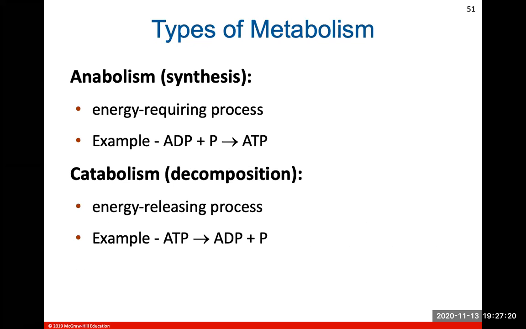So there's different types of metabolism. Anabolism is synthesis. It's an energy requiring process. So an example of this is creating ATP from ADP and P, a phosphate group. And catabolism is a decomposition reaction which releases energy. And an example of this is taking adenosine triphosphate and breaking it apart into ADP and the phosphate group.